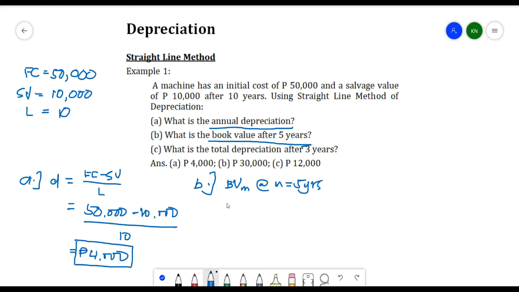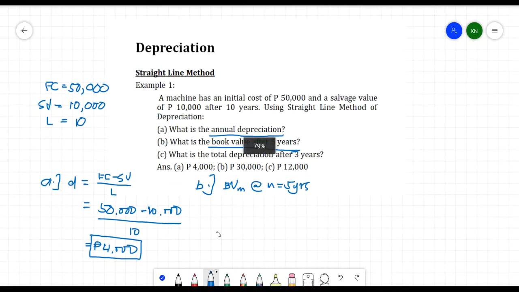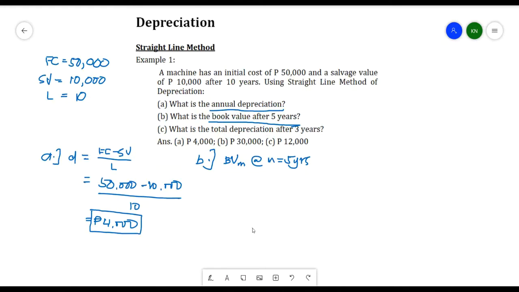The formula of BVM was already given earlier: BVM is equivalent to FC minus DM. But we don't know the value of DM yet, so we need to solve that first. DM is equivalent to M times D, right?